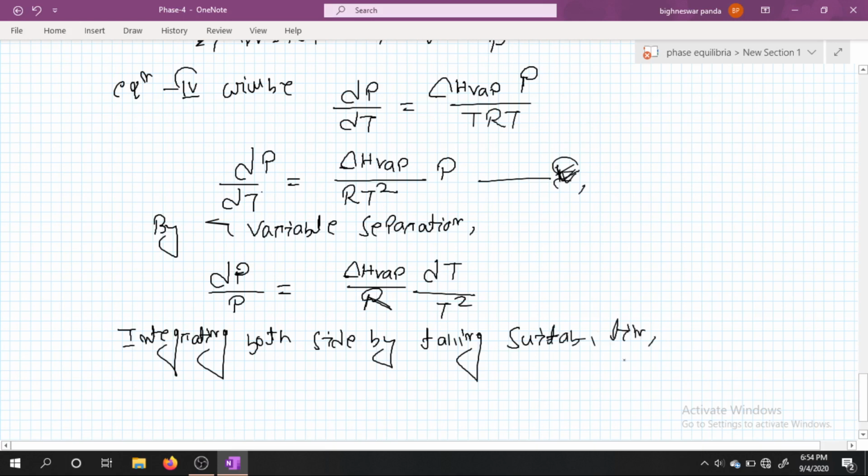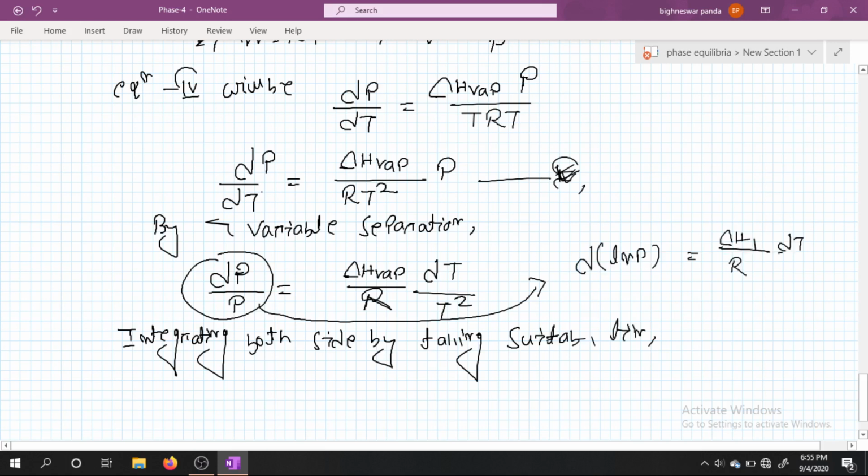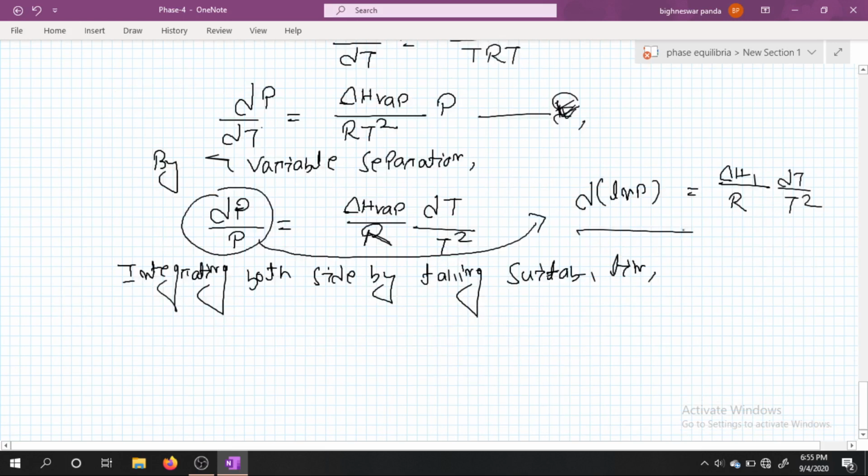Integrating both sides by taking suitable limit, this dP by P I can write as derivative of ln P, and it will be equal to delta H vaporization divided by R dT by T square, and we have to integrate this equation.